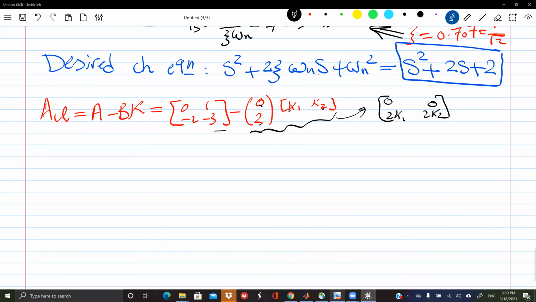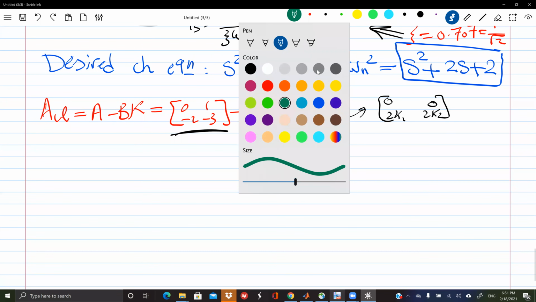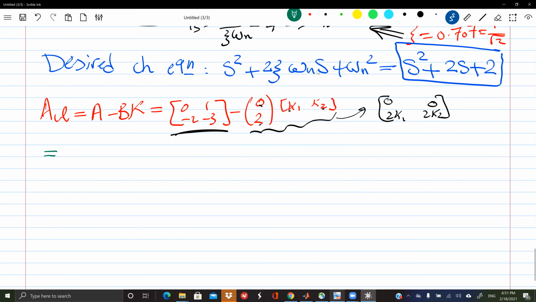And now subtract this guy from the first matrix. So I get here 0 minus 0, 1 minus 0, negative 2 minus 2K1, negative 3 minus 2K2. This is your A closed loop.